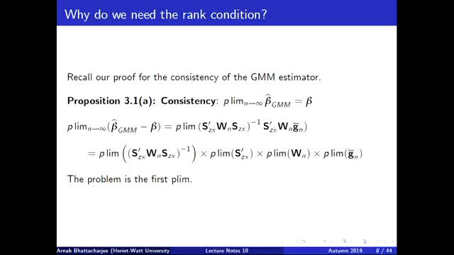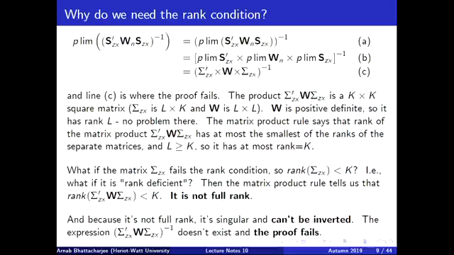Because we are inverting it. So that is why we need the rank condition there. If this is full column rank, then this inversion will work fine. This will also be fine. This will have a finite, nice limit, right? But the bigger important problem is the first one.